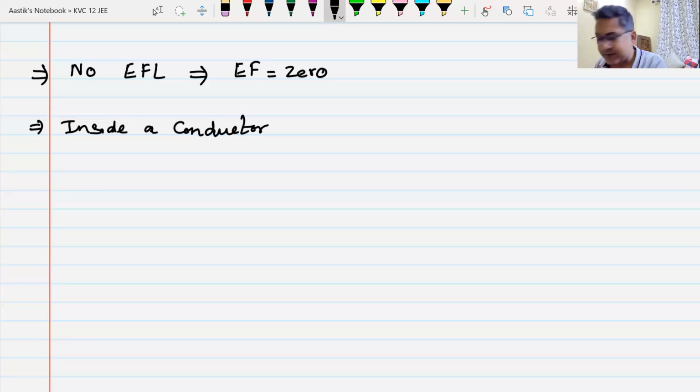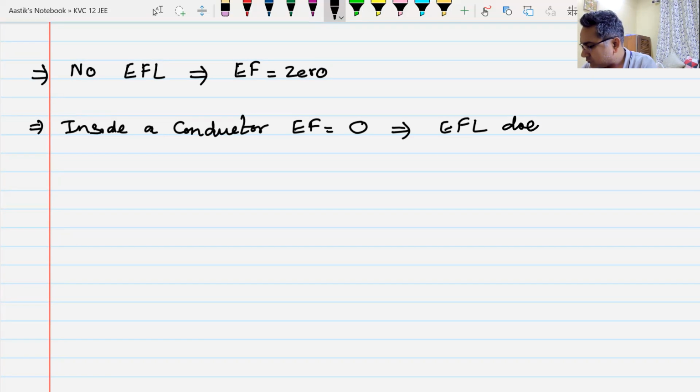Inside a conductor, in the space of a conductor, electric field is always going to be zero. That implies that electric field lines will not exist inside the conductor. Inside the material of the conductor, electric field line does not exist because there is no electric field.